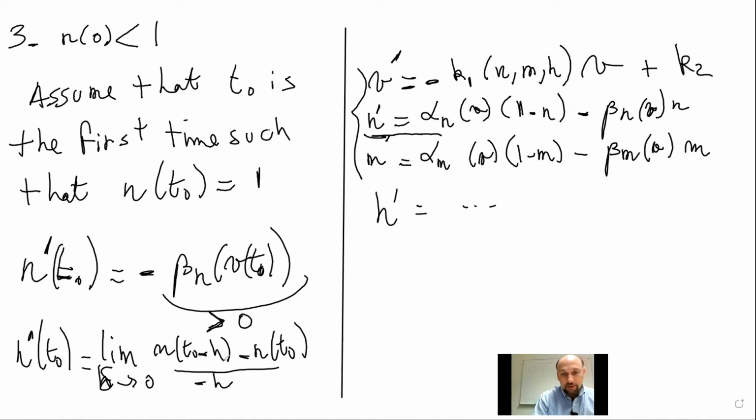So this is negative, but with the minus it is positive. So you get that this is positive, right? So there is a contradiction because this is positive and this is negative. Contradiction.